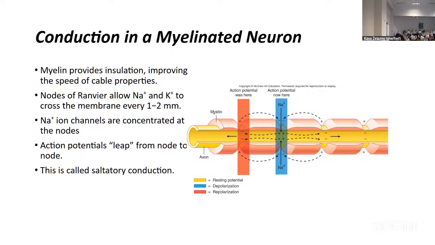So when we think about where we would see our different types of channels for ions to move through, we're going to see the voltage gated channels are concentrated in these nodes of Ranvier, because those are the parts where we're trying to change voltage.